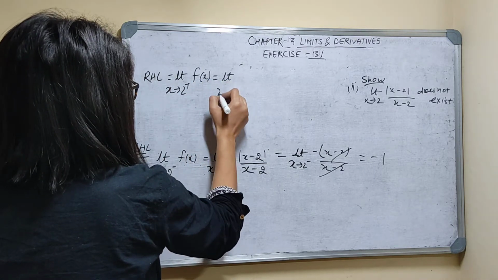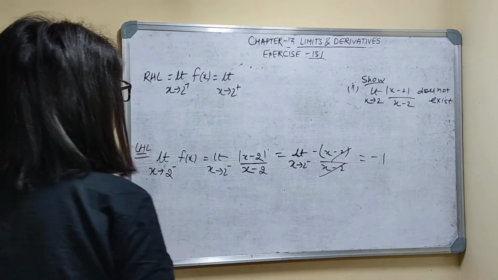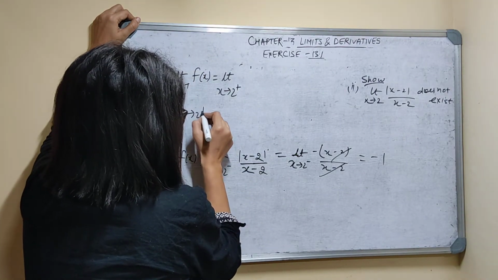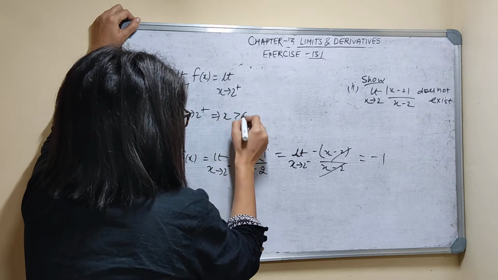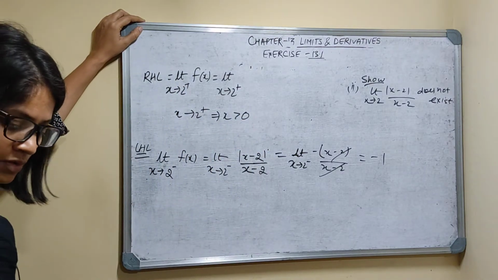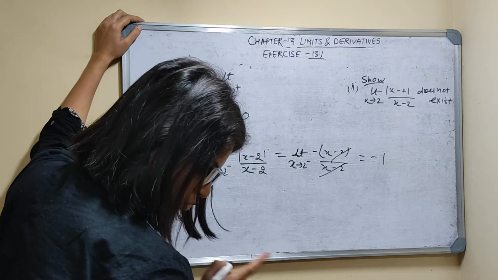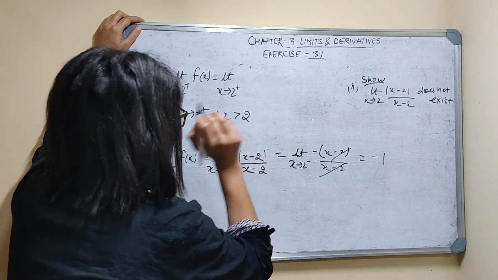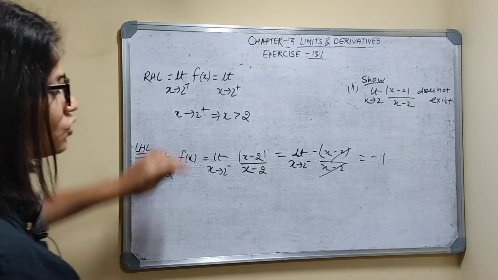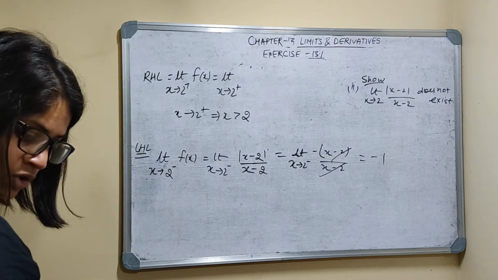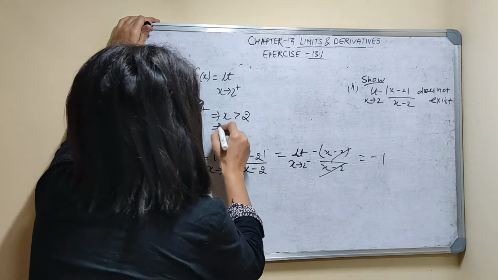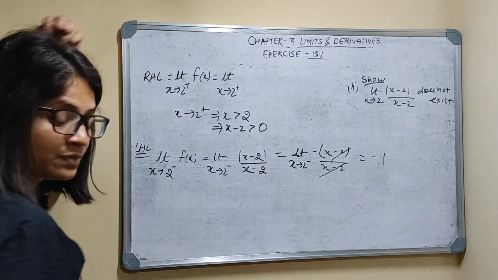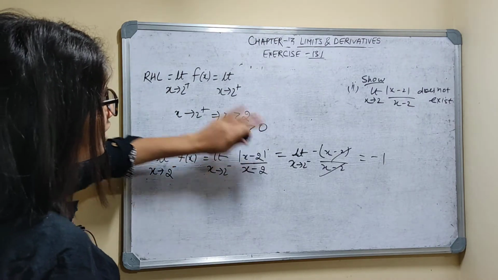I know x tends to 2 plus means x is greater than 2. Is it clear? X tends to 2 plus, so x is greater than 2. So subtract 2 from both sides, so x minus 2 is greater than 0. Is it clear? X minus 2 is greater than 0.